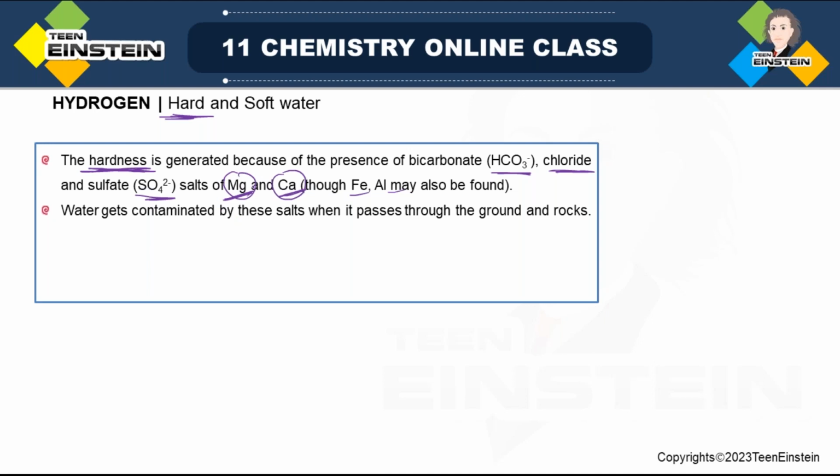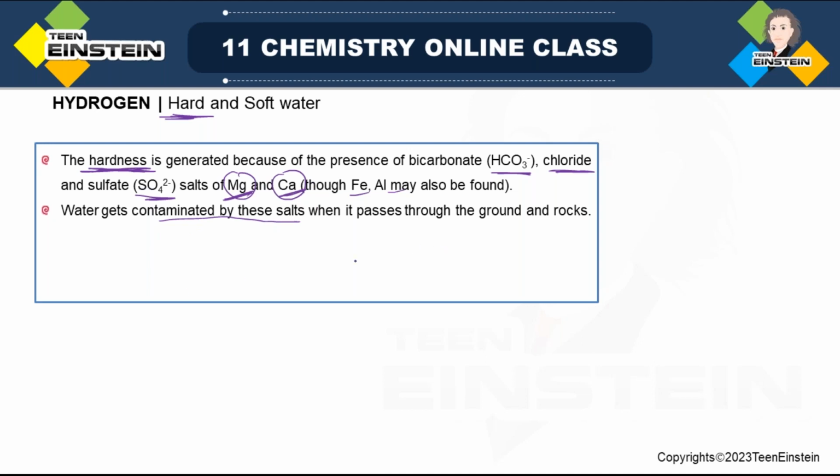So there must be a salt of Mg and Ca. Suppose magnesium bicarbonate, magnesium chloride, magnesium sulfate, or calcium bicarbonate, calcium chloride, calcium sulfate. If it is present, the water will be called hard water.